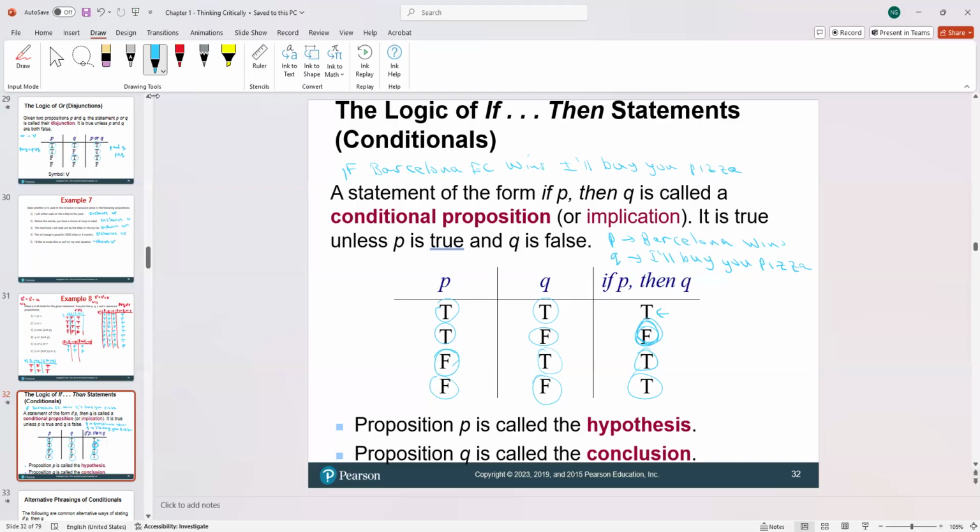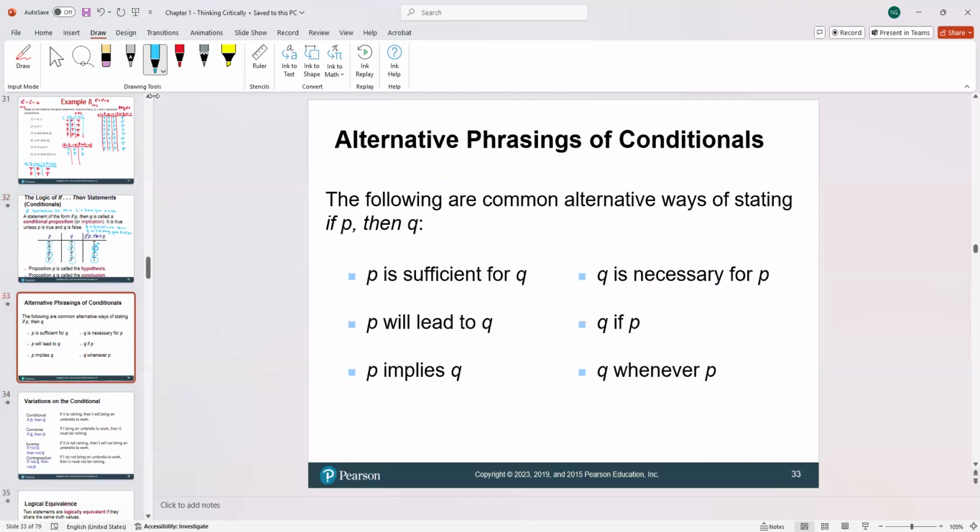Proposition P is called the hypothesis, and proposition Q is called the conclusion. So if P then Q is true in all cases except the case in which P is true and Q is false. That's the only one. So P is called the hypothesis and Q is called the conclusion. Some alternatives you can always see, because it's very important to verify that before we do a few other examples.